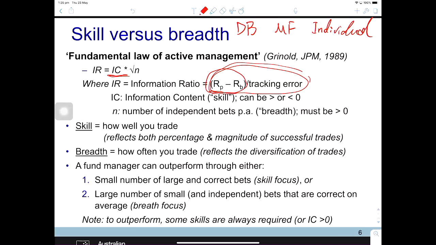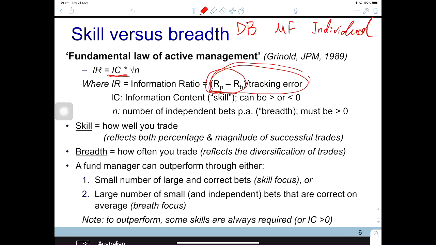With the active investors who are relying on breadth, doing a lot of trading and fine-tuning their investment process, trying to have on average correct bets, every trade can be much smaller than for the managers relying on skill, and they're doing this trial and error process. Every bet can be much smaller. Even if they make a wrong call, the impact on the portfolio can be quite limited.